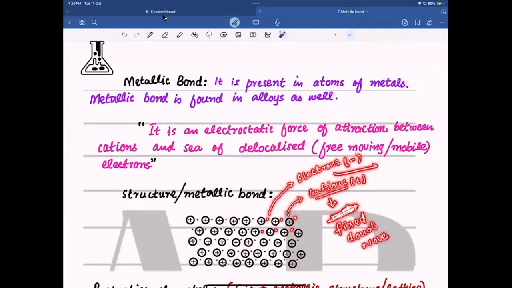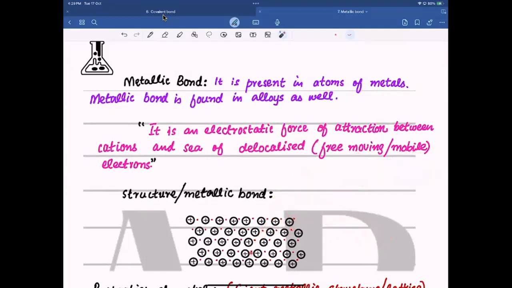But when we talk about these electrons being mobile, it means they are free to move. So what happens when this electron travels in the spaces between those two cations? In actual fact, the cations have a positive charge, so they should repel each other.